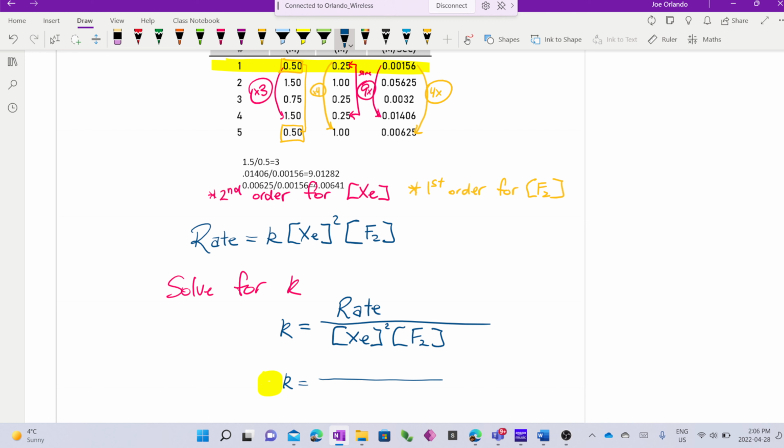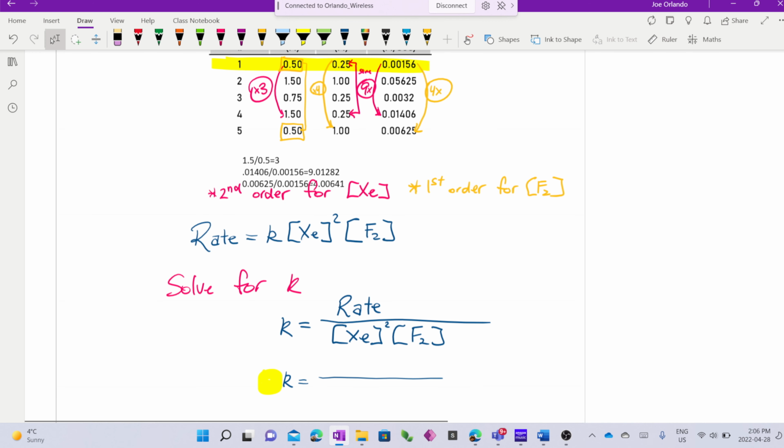So what's the rate in this first one? 0.00156. And that's molar per second. Yep. And then, what's the concentration of xenon here? 0.5 molar. And we have to make sure we square that. And what's the concentration of fluorine? 0.25 molar. And is that squared? No.